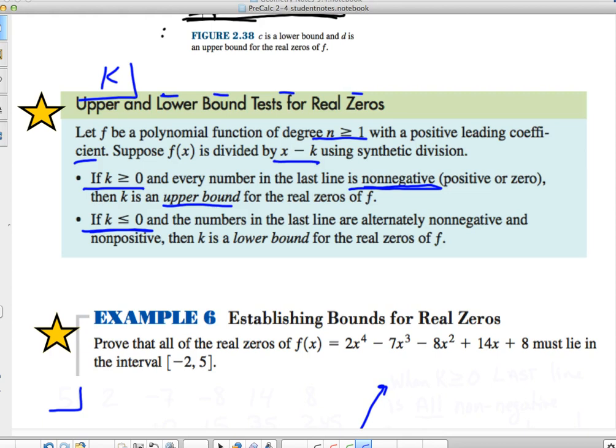A non-positive number is negative or 0. So when they say non-negative, they're saying positive and 0. When they say non-positive, they're saying negatives and 0, alternately as we look through our final results in our synthetic division. Then k is a lower bound, if that's true.